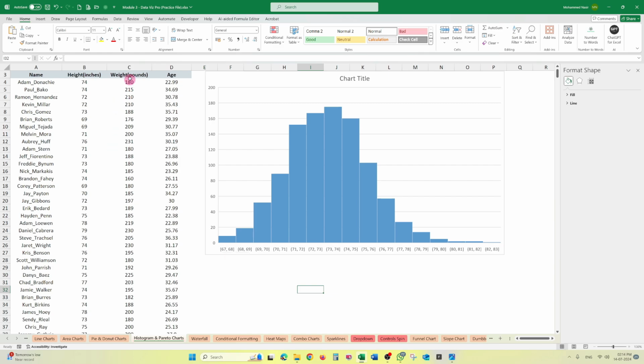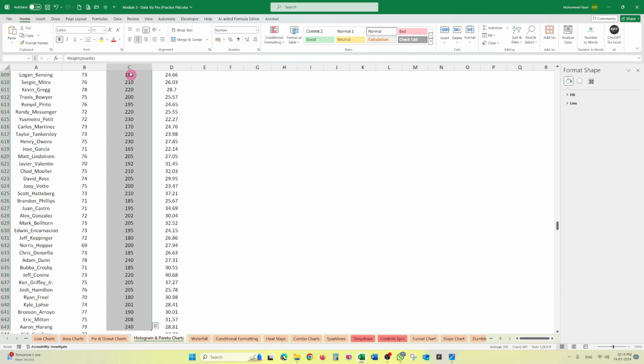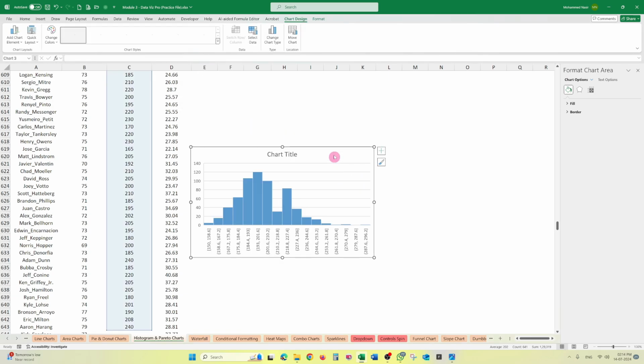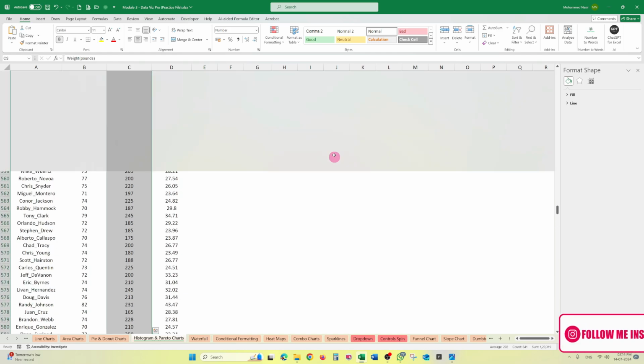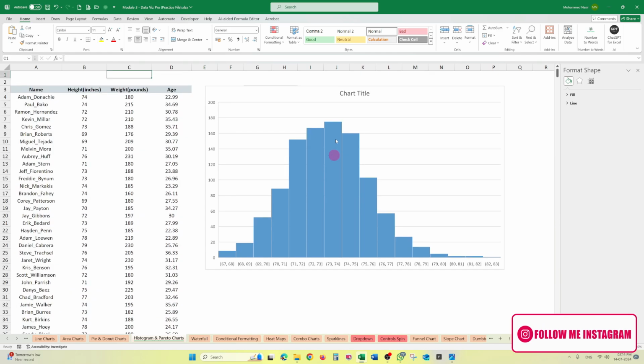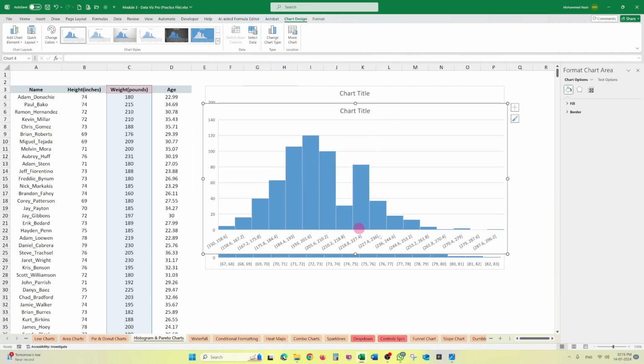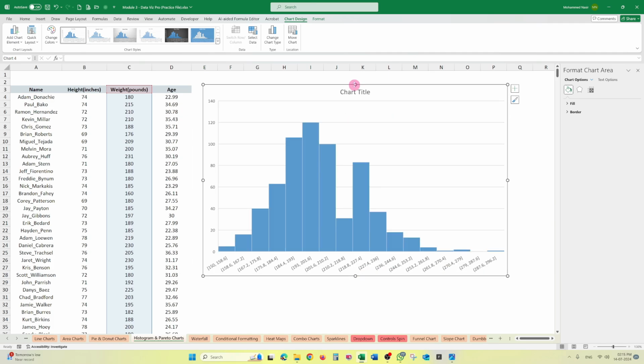So let's include another chart. Go to Insert, then go here, and then the other chart. Let me cut it, then bring it here. Here also the data range is from 150 to 150.86.